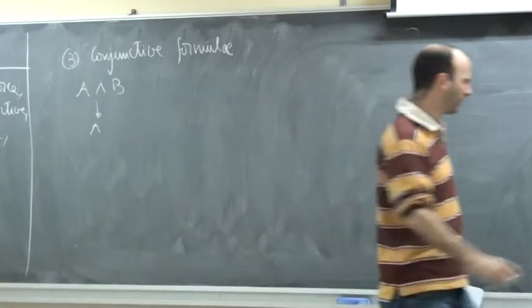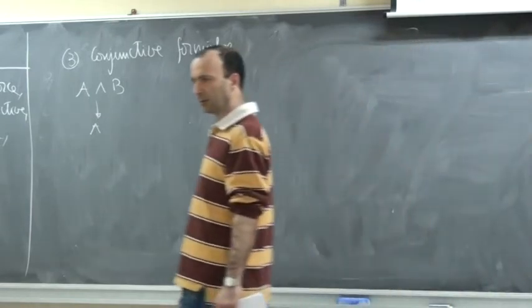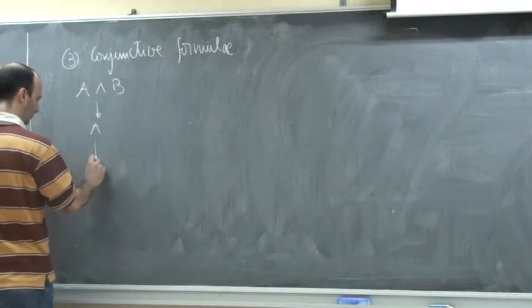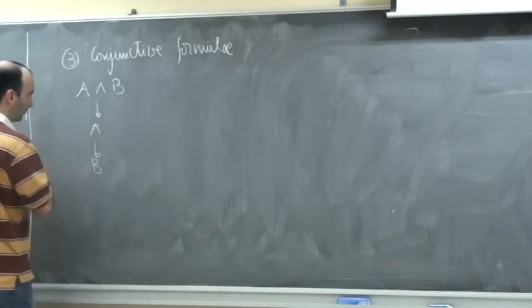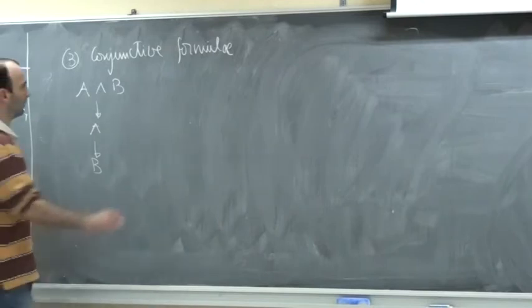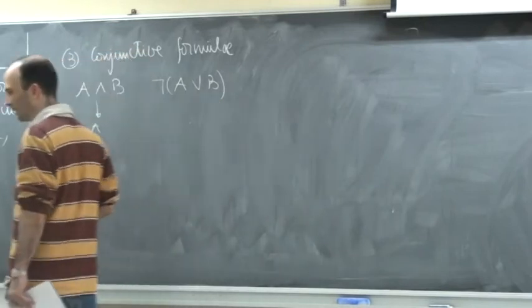Well, some people just write an arrow. I don't do it, but some people write an arrow here. Everything is top down for me. So if you write it, that's all right. If you don't, also it's all right. So that's conjunctive, A and B. What do I write here?